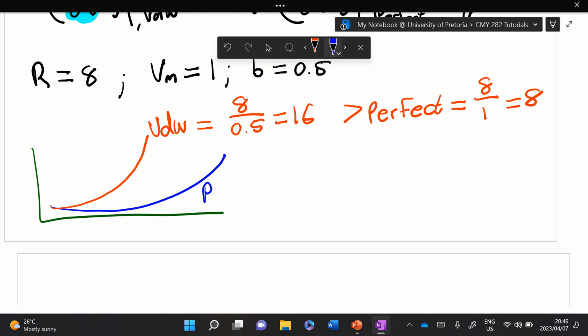So this is the perfect. Of course, not how it looks at all, but just to get the idea going. There's more disorder happening here, and it's because of that B term. That's how you need to interpret these kinds of equations.